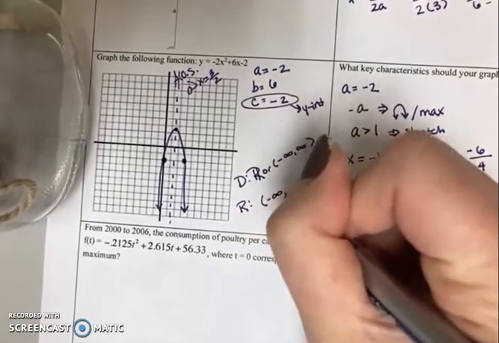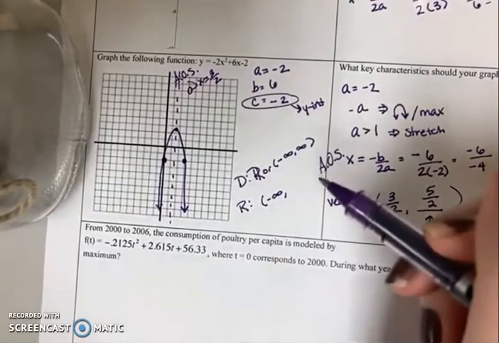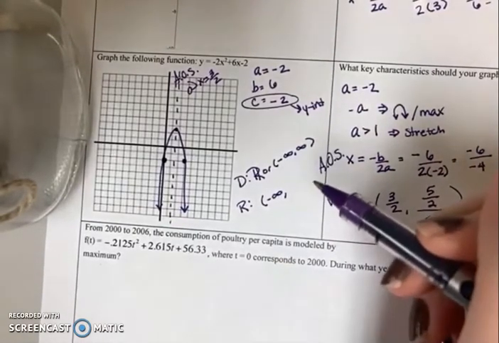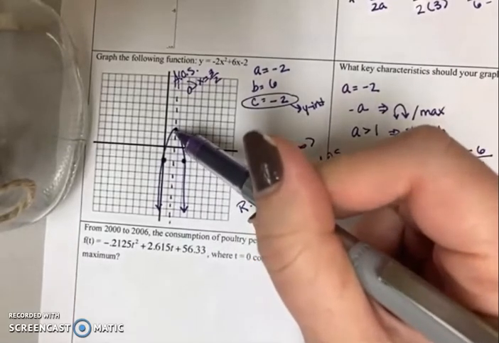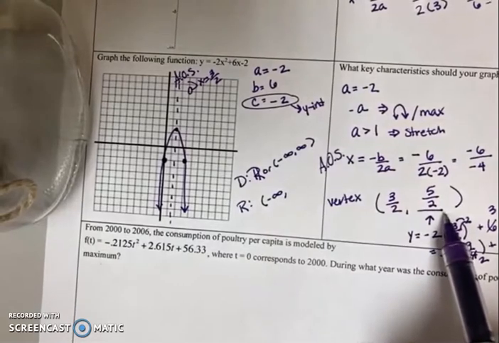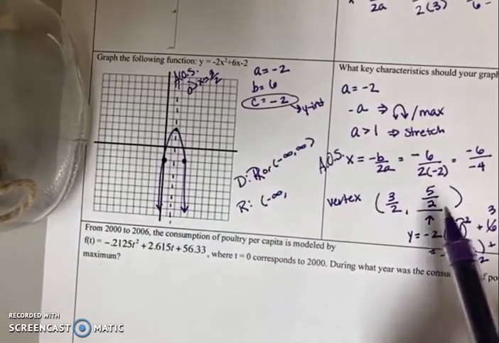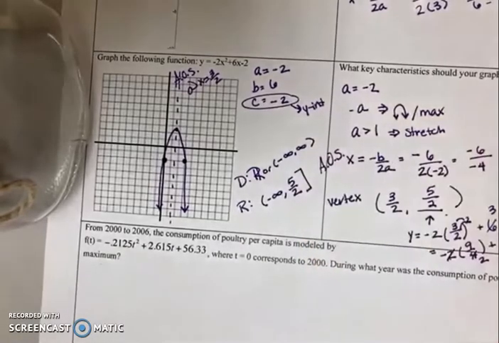So I need to list a -infinity first with a parenthesis because I cannot reach that. It is not included in my graph. And then the highest point is here. I need to use the y value of my vertex because range is y value. So I'm going to use the 5 halves, and I must use a bracket because it is included on the graph.